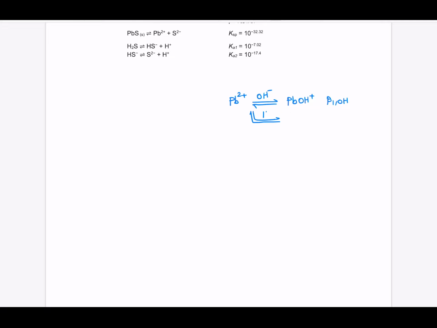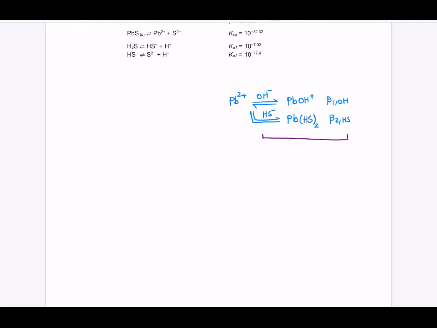So this would be with HS minus and then Pb with just 1 HS. What's the charge then? It's actually 2. Yeah, so the charge is 0. It's neutral. And this would be beta 2 of HS. Just keep that in mind always. That might be a little bit confusing. We're skipping Pb with 1 HS. We're done with complexation.